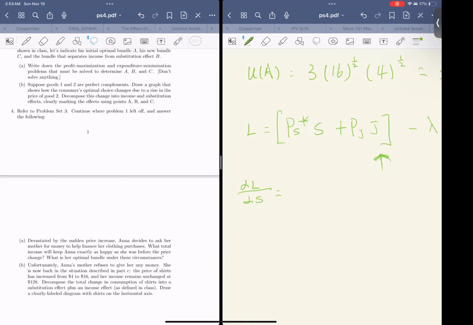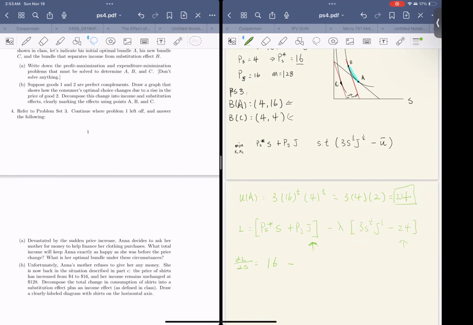So the derivative with respect to S, that's 16 minus... Yeah. Okay. This is not good. This thing is too ugly.